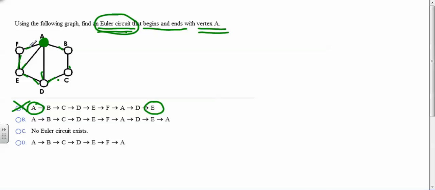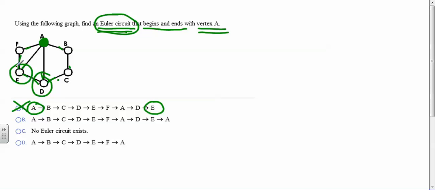So in this problem, I think we have an issue because you notice there were two vertices that had an odd degree. D and E were two vertices that had degree 3, which is odd. And according to Euler's theorem, it says a graph with exactly two odd vertices has at least one Euler path, but no Euler circuits.